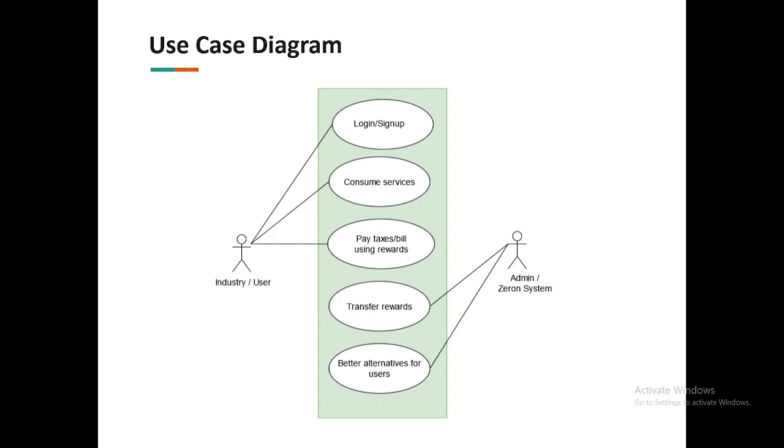And they can also use those Zerons, as I talked about previously. They can use these rewards to pay the taxes and the bills. And the admin can of course transfer the rewards based on the amount of pollution they produced, and add a better alternative in the marketplace.